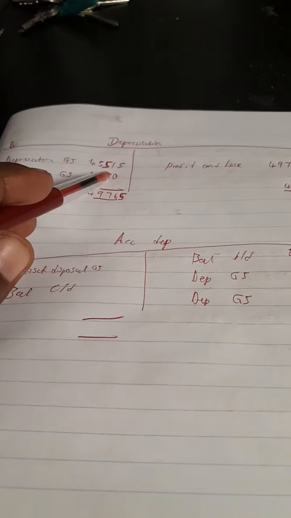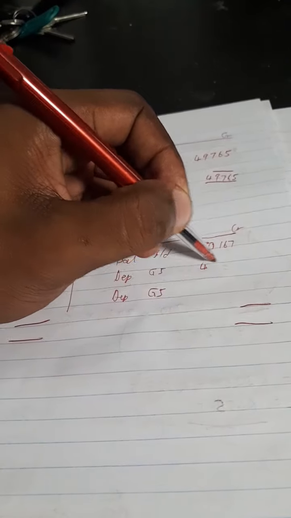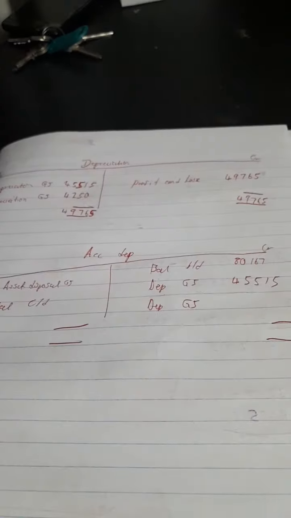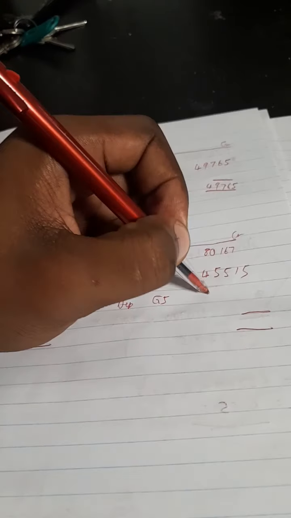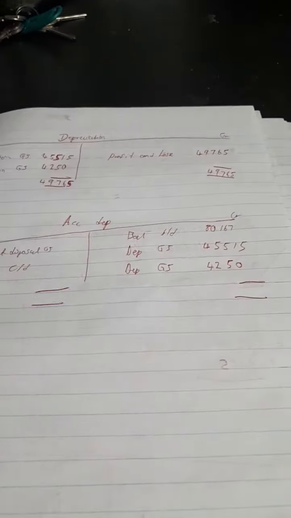The first one, how much was it? It was 45,515. Then you record 45,515. The second one is 4,250. From there, you are done with the credit side.